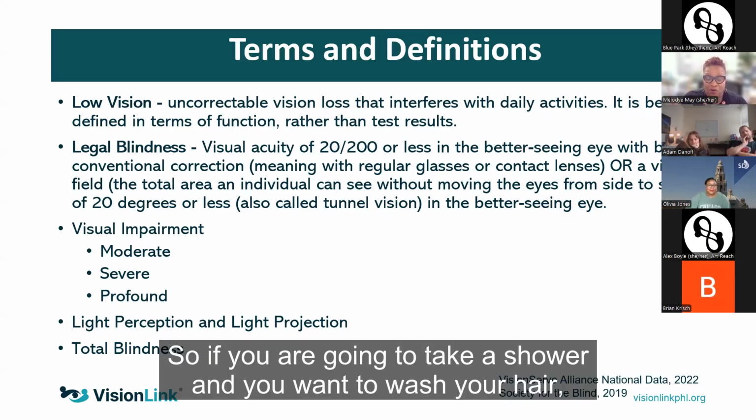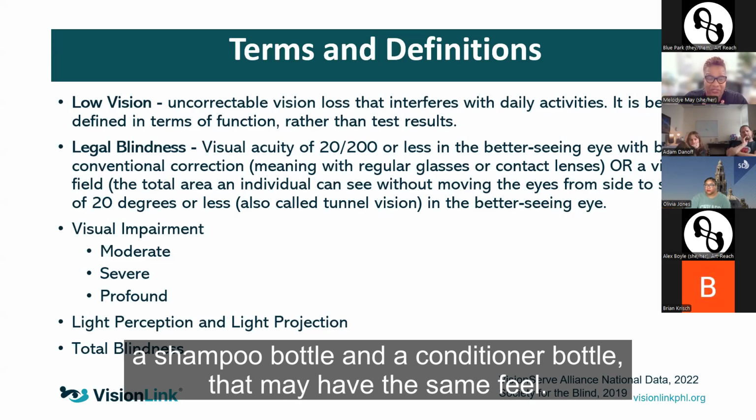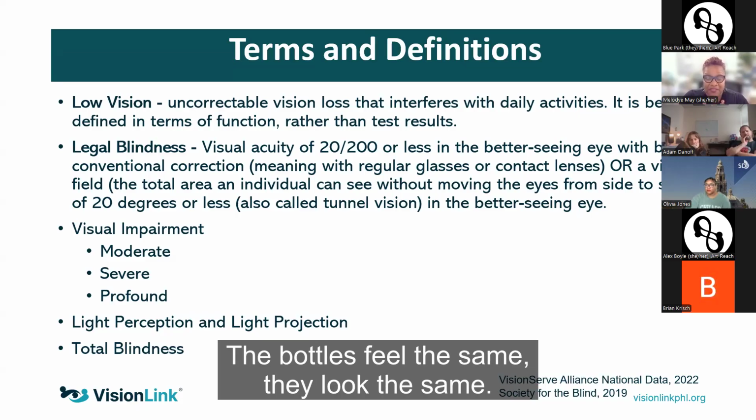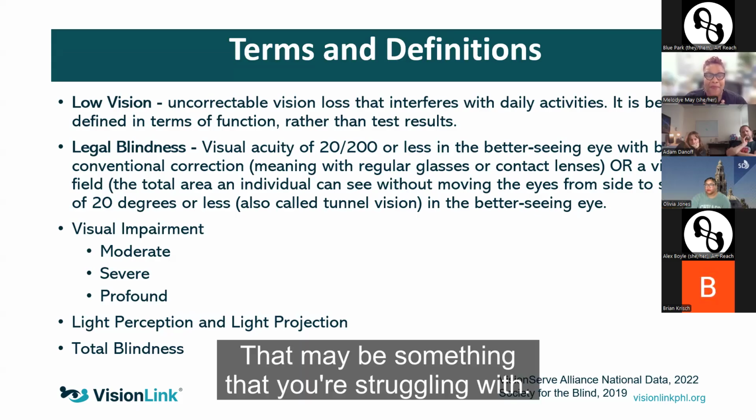So if you are going to take a shower and you want to wash your hair, you may have difficulty telling the difference between a shampoo bottle and a conditioner bottle, where the bottles feel the same and look the same. That may be something that you're struggling with.